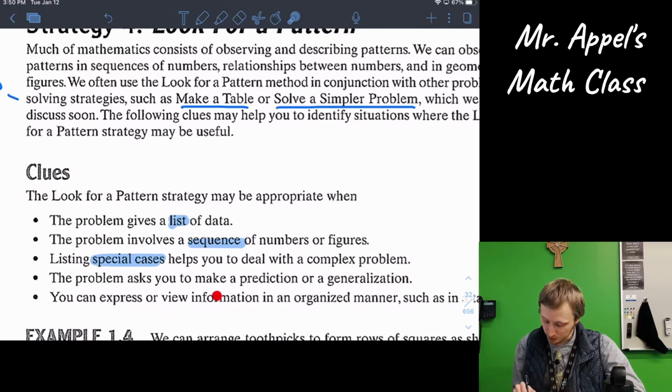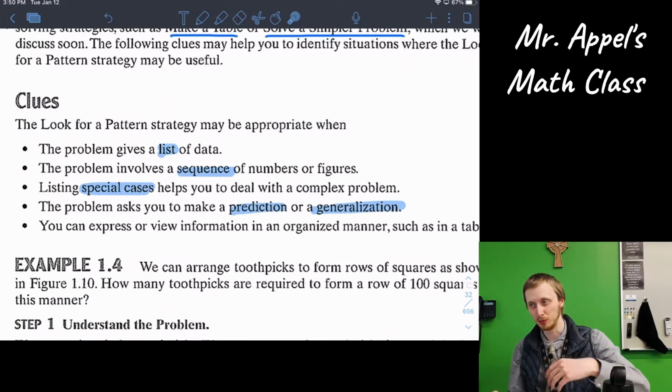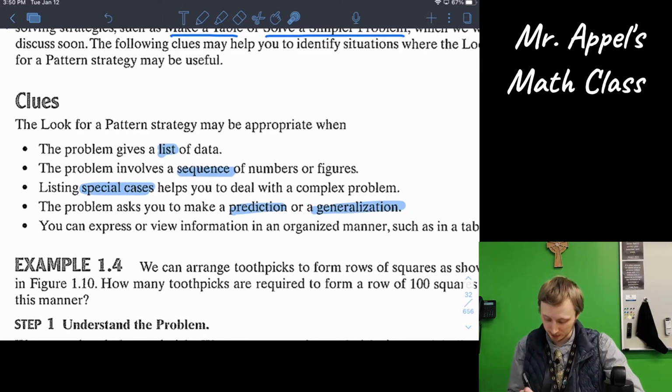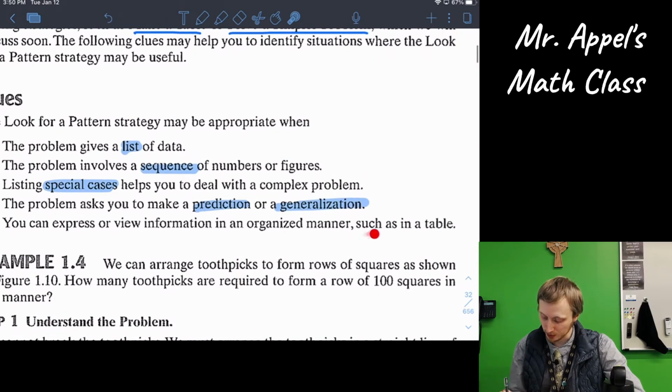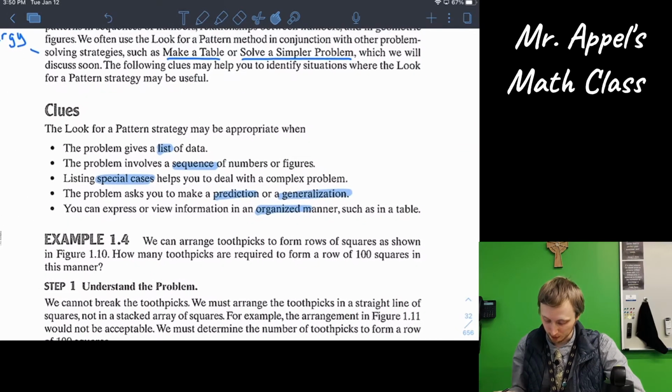The problem asks you to make a prediction or a generalization. That almost necessitates finding the pattern to then determine what comes next. You can express or view information in an organized manner, such as in a table. Okay, any organization could be roots of a pattern.